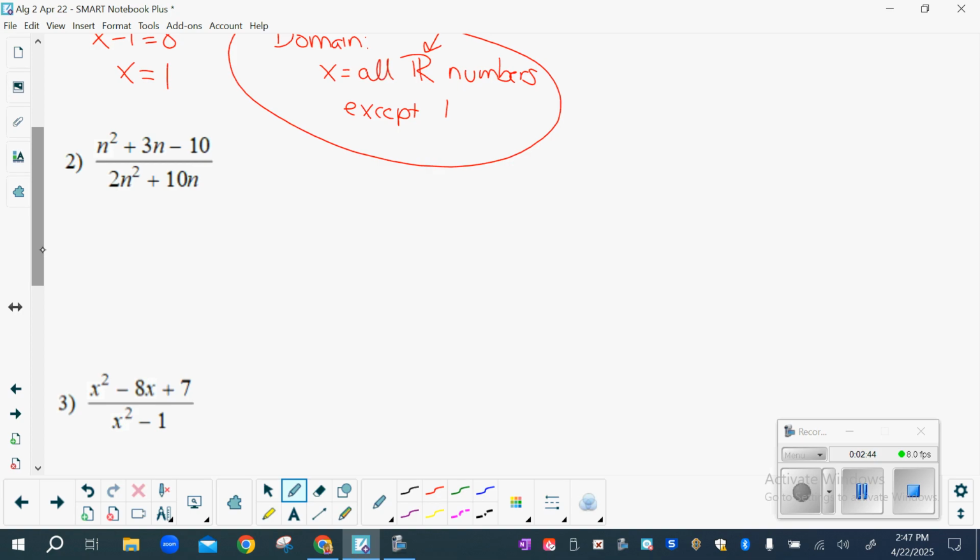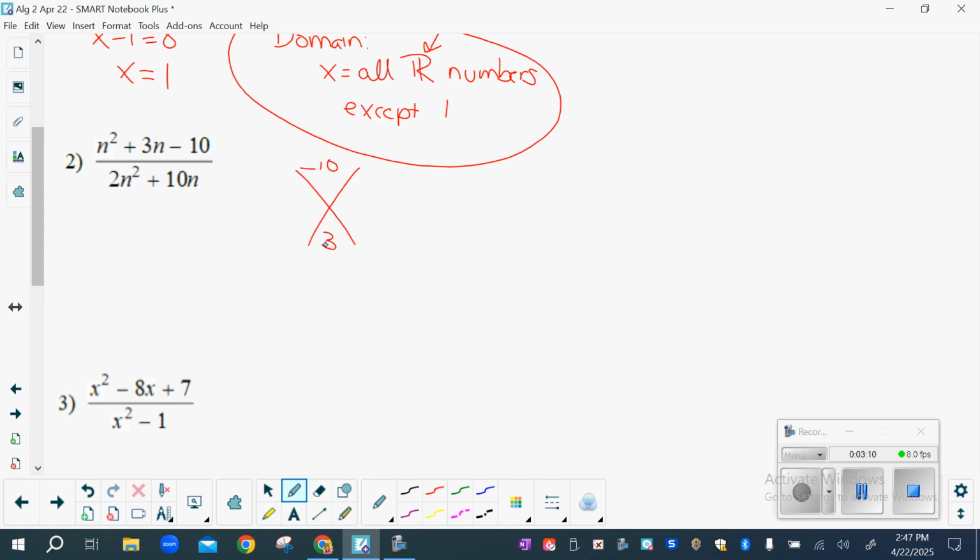How do I factor n squared plus 3n minus 10? It's a trinomial, and it is a degree of 2. So we're looking at what multiplies to negative 10 that adds to 3.